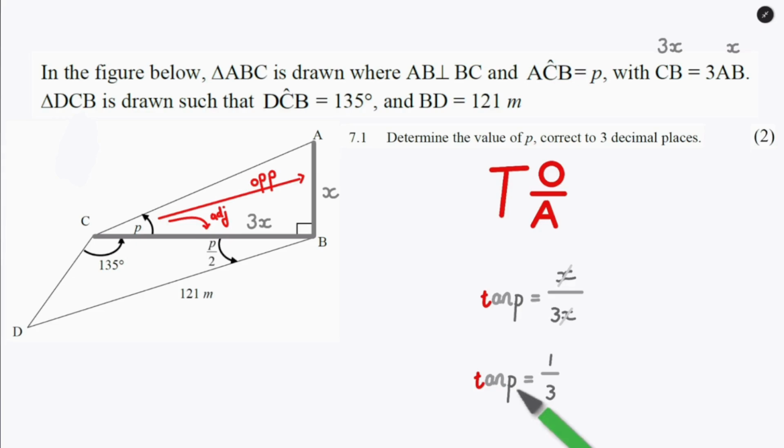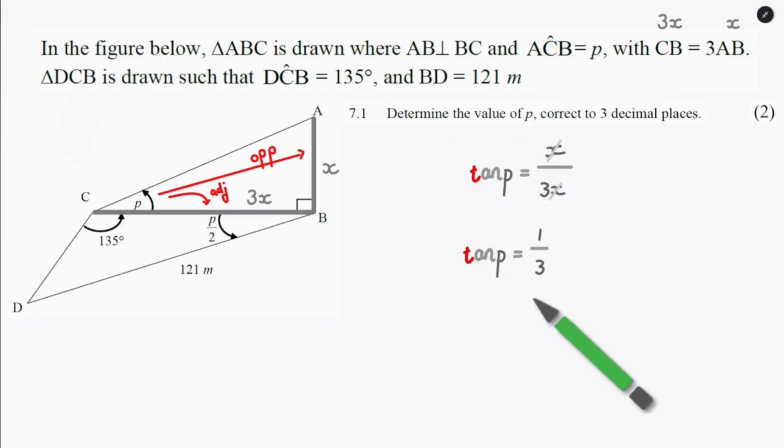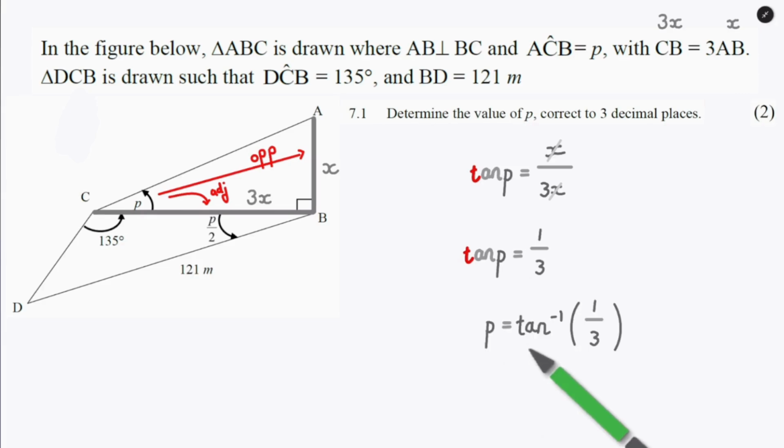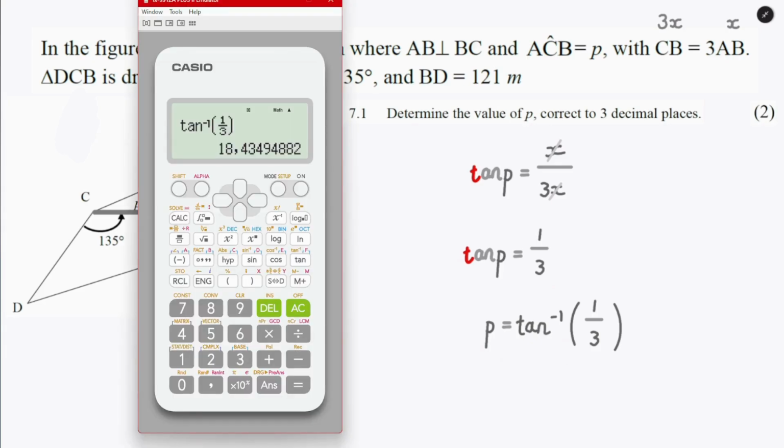And then to get angle P on its own, I'm going to move this tan over. So if I'm breaking tan up from the angle of P, and at the same time moving it over, it becomes shift tan of a third. Okay, we're going to pop that into our calculator because we cannot do that in our head. And we get 18.4349. Just take note of these instructions, correct to 3 decimal places.